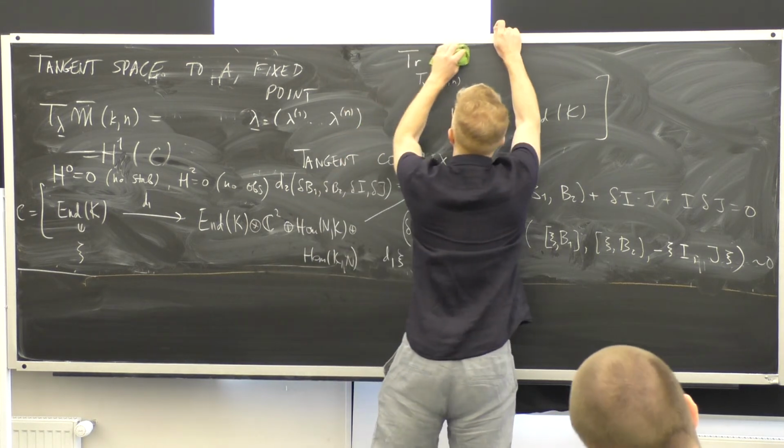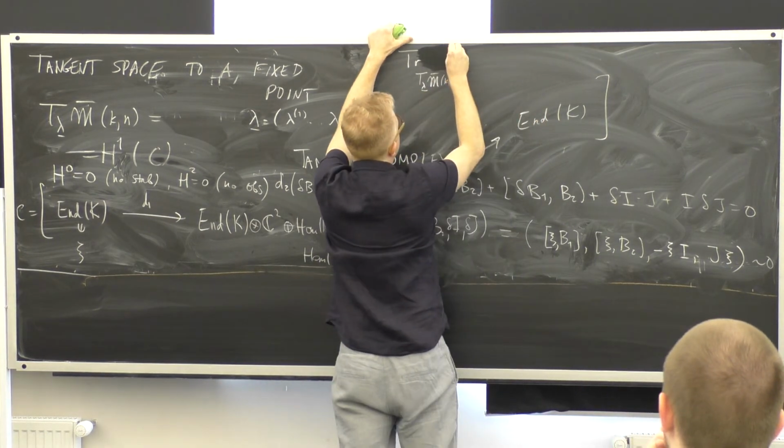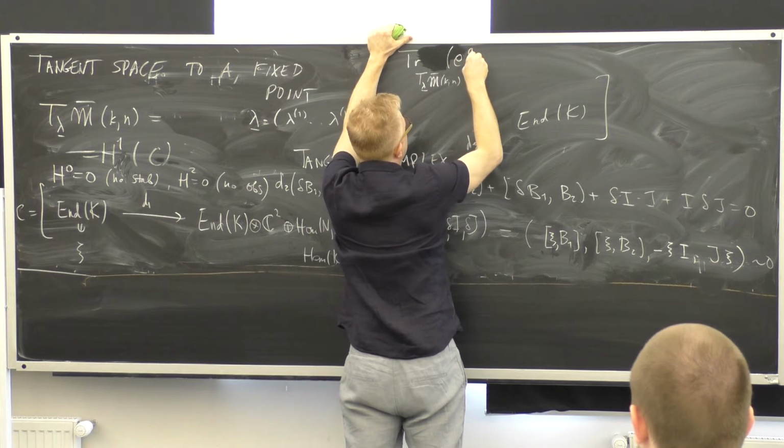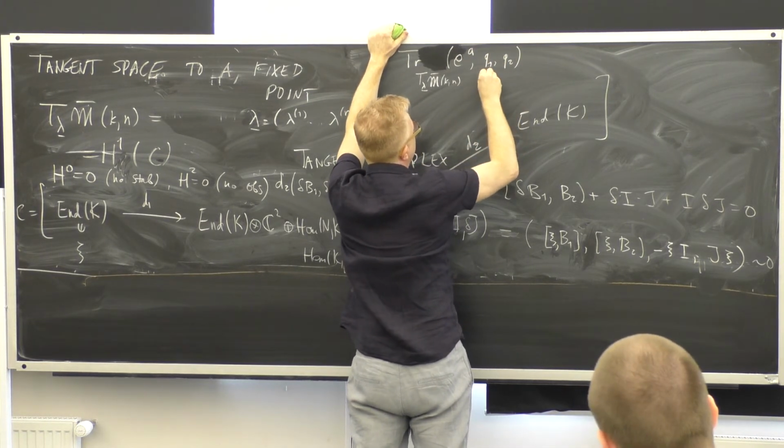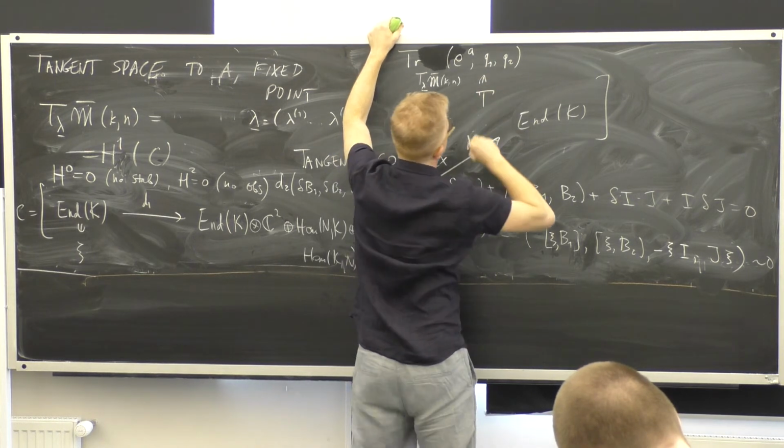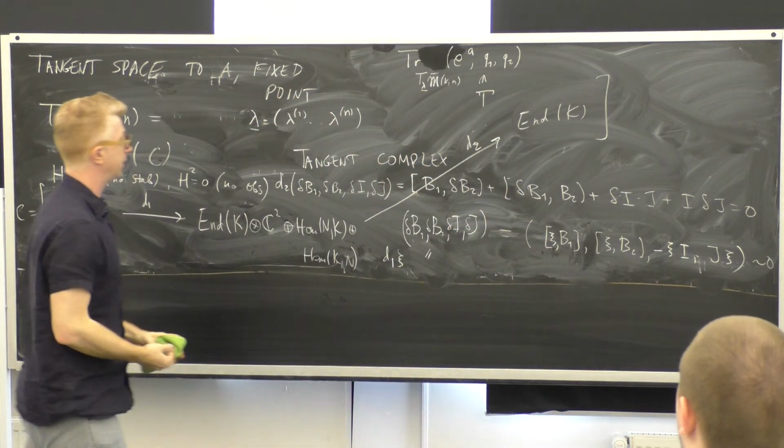Well, what I really mean is that actually I want to compute the trace of e to the a, q1, and q2, because that's the element of my torus T. So that's what this is whose character I'm computing actually.